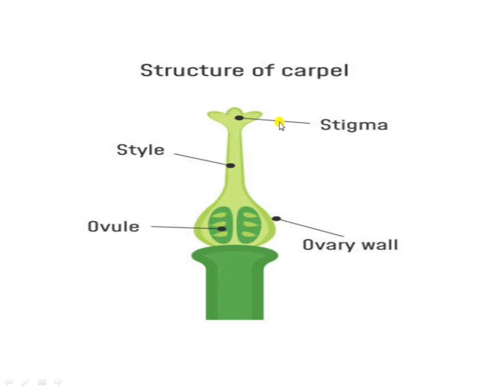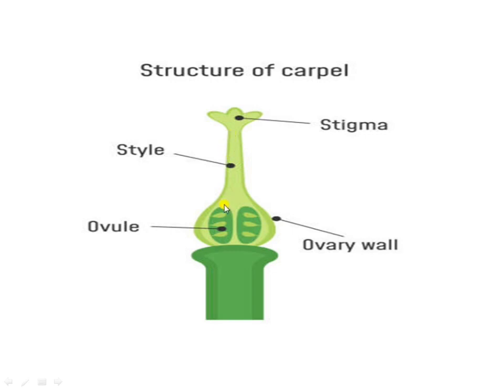First, the stigma is the uppermost part which receives the pollen grains, the male gametes. The style forms the neck of the pistil and attaches to the stigma. The style holds the stigma and connects to the ovary.